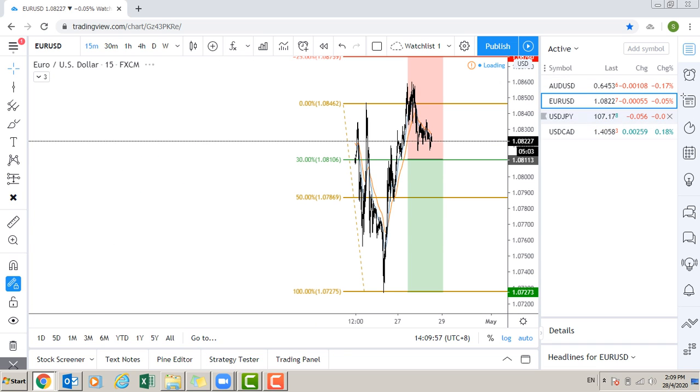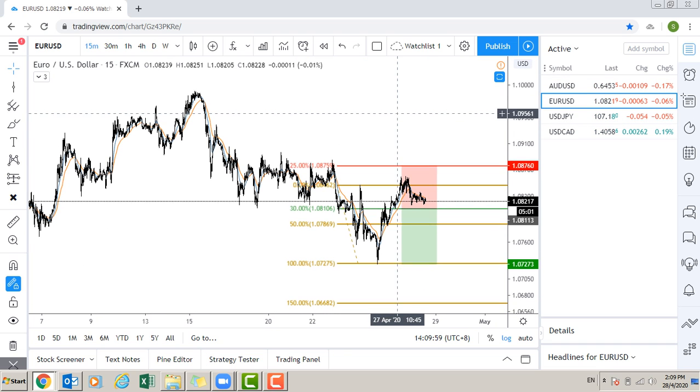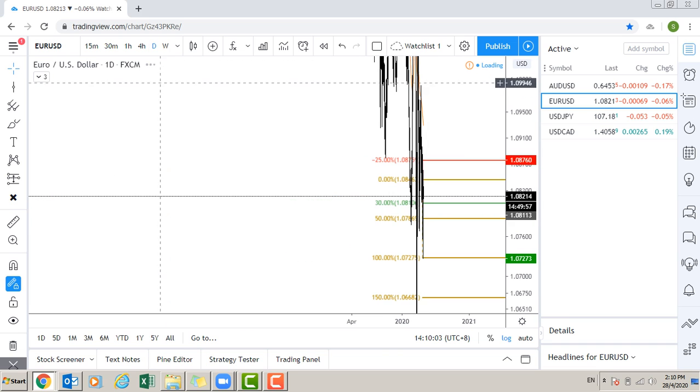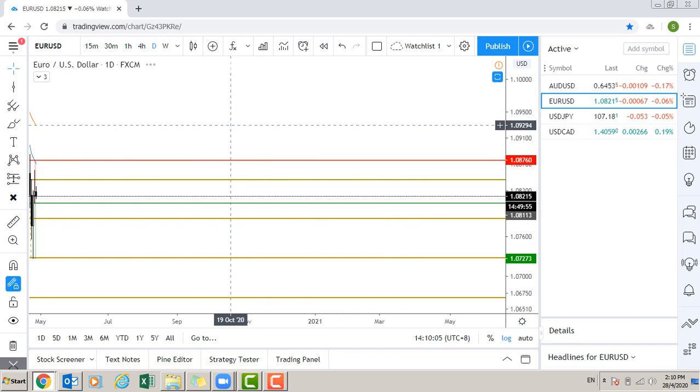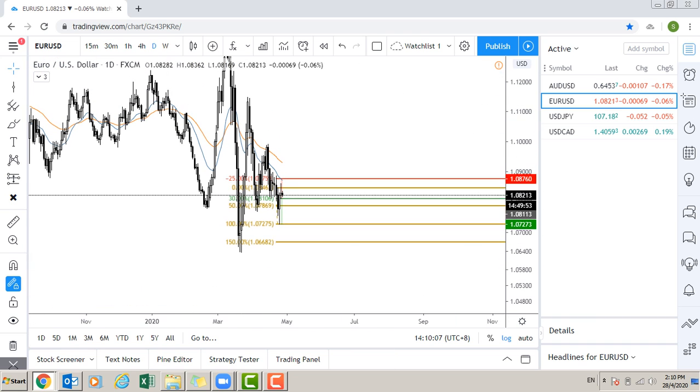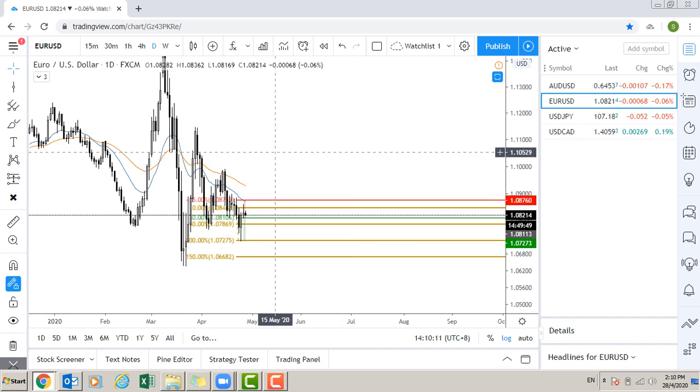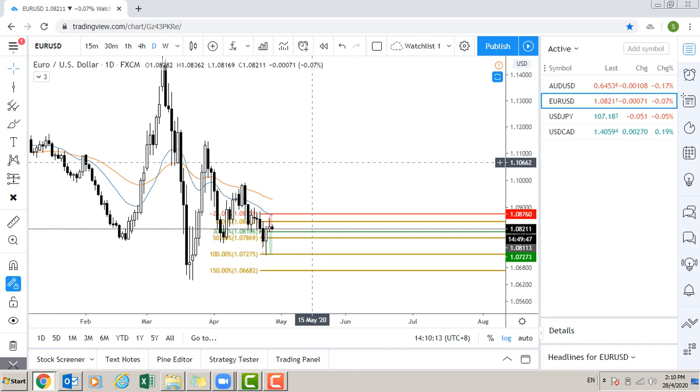Because if you look at my results closely, they show that we are more often successful in hitting our profit targets at the beginning of the week when the market opens. The chances are higher than in the middle and at the end of the week.